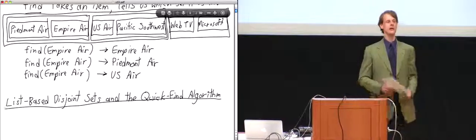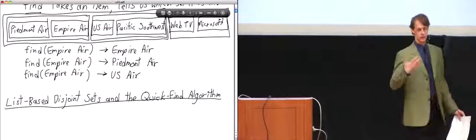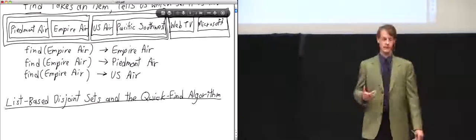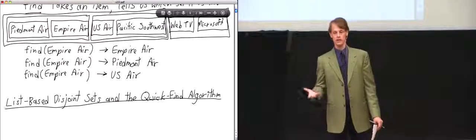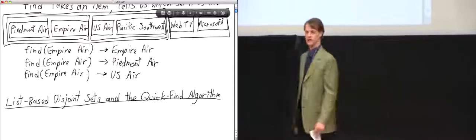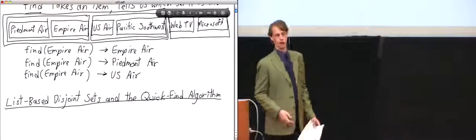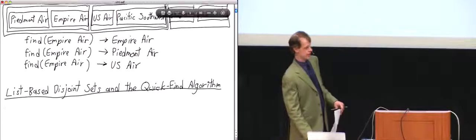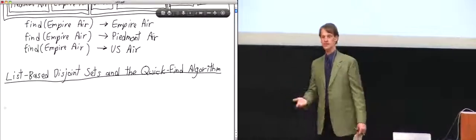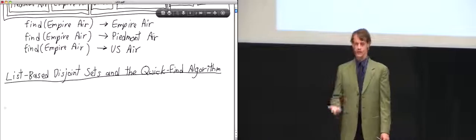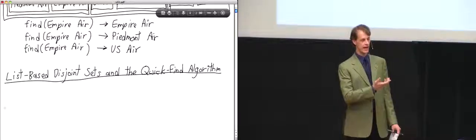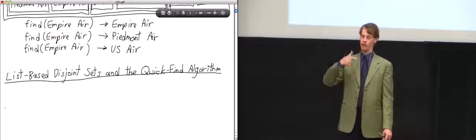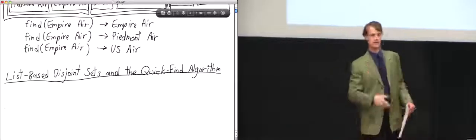And by the way, here I'm using the word algorithm loosely to mean not just the algorithm that does find, but the algorithm that does union as well. So both algorithms are actually encompassed in this algorithm. The idea of list-based disjoint sets is for each set, you just keep a list of all the items in that set. And for each item, you just keep a pointer back to the list that contains it.